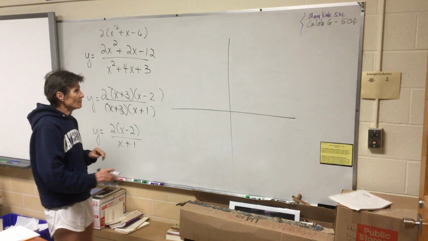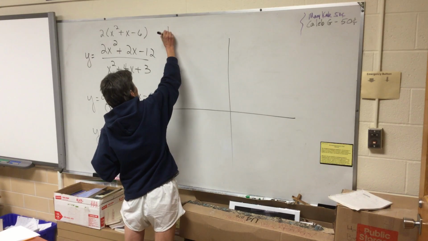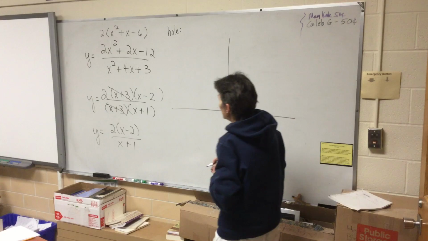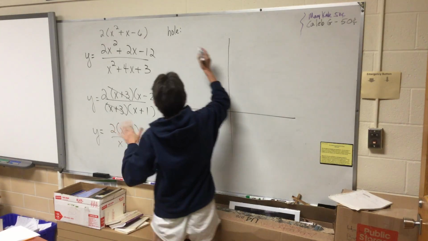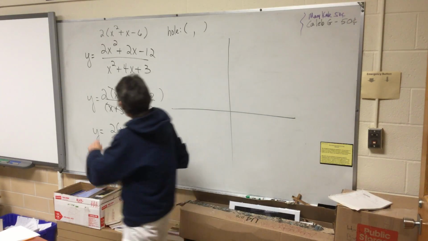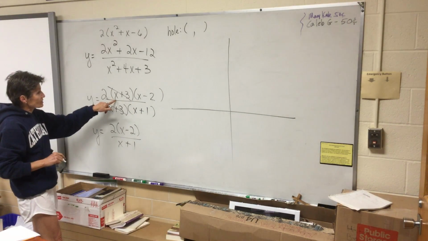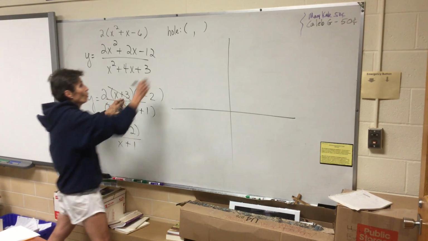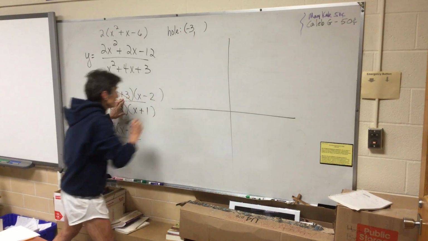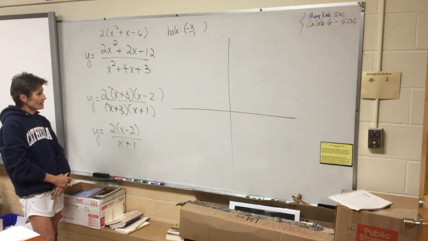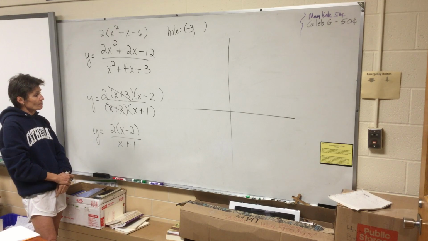Now, if something does cancel, that means we're going to have a hole. And the hole is a point, so it is an x and a y, but its x will always be the thing you canceled out. So since I canceled out x plus 3, the hole is going to be at negative 3. Always the opposite of what you canceled out. So it's going to be negative 3.